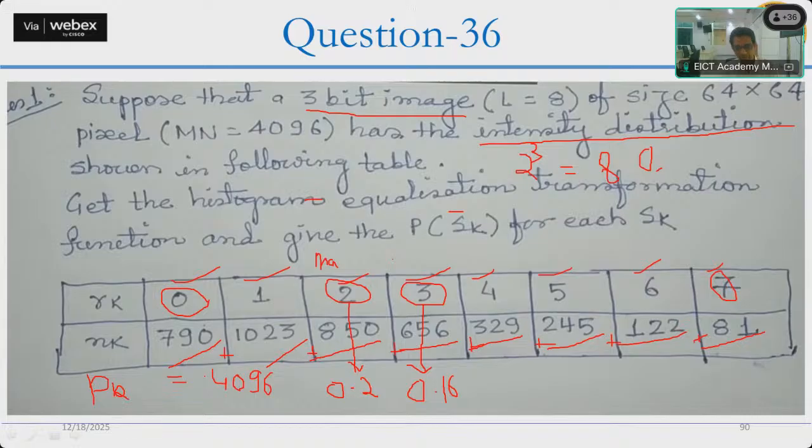You need to calculate 790 upon 4096. What will be this value? Can you calculate? I think everyone would have a mobile. It is 0.19.